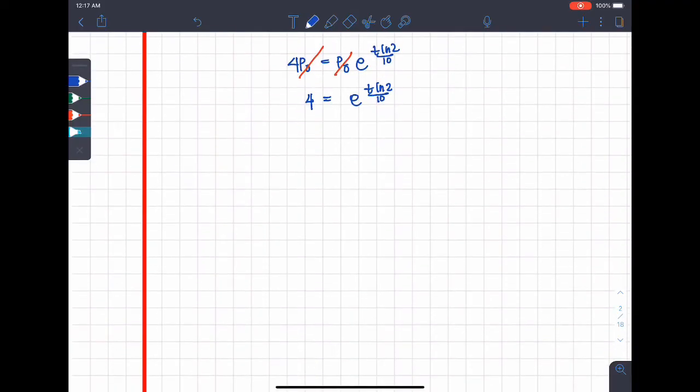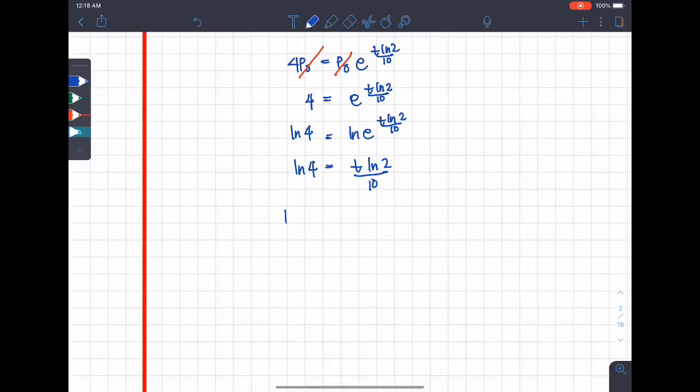Taking the logarithm of both sides, ln e raised to t ln 2 all over 10. And from here, we have ln 4 equivalent to t ln 2 all over 10. We are finding what is t.